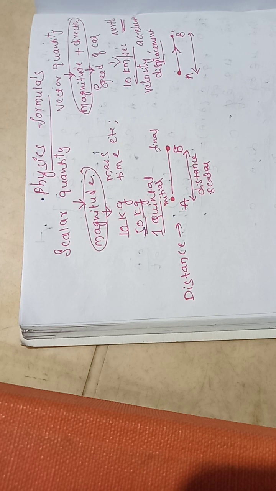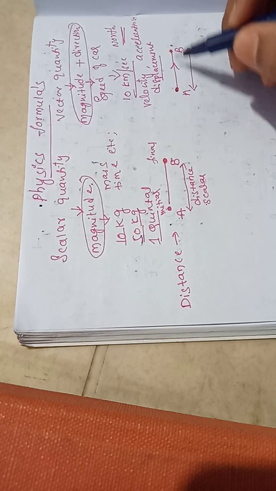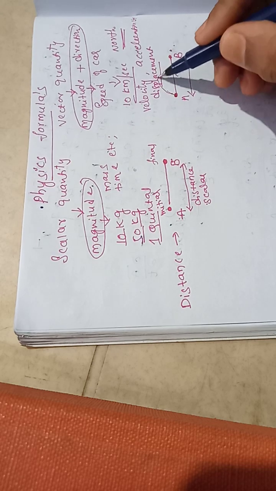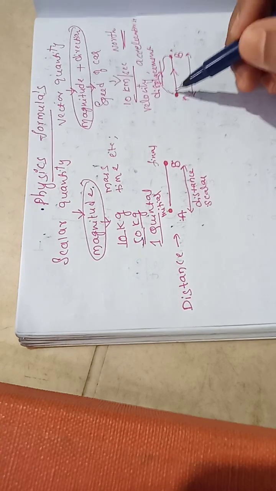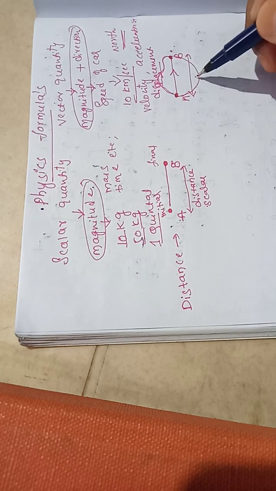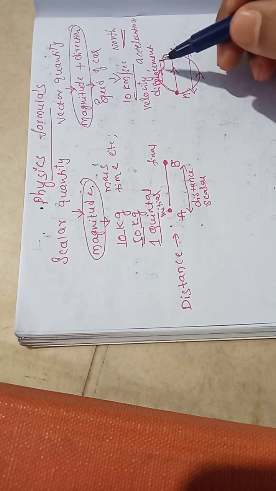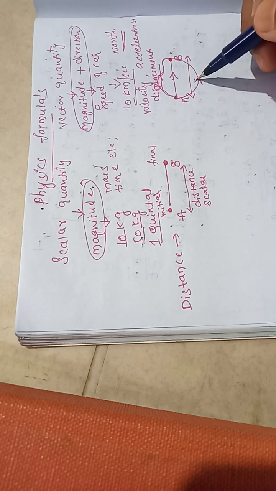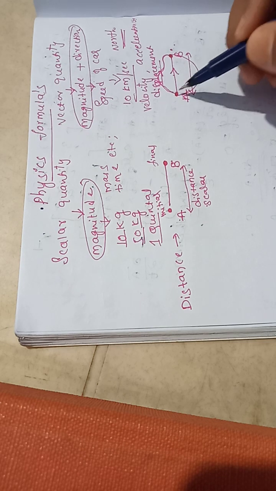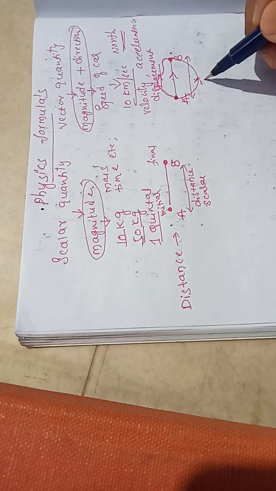This we call displacement. From A to B, the person can go directly from A to B, or in such a way, or in such a way. So I drew three different paths. Here the person starts from home and reaches the market by any one of these directions.